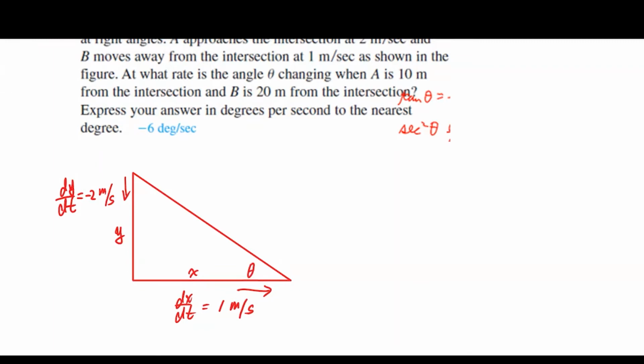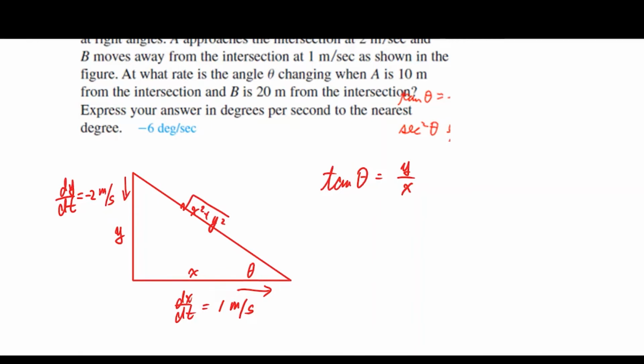And then they want, how fast is that angle changing, right? Okay, well, this time we are forced to use tangent. So let's say tangent theta is equal to y over x. So far with me? And the reason I want to use tangent is because this side, we can calculate it, but this side happens to be square root of x squared plus y squared, and that I really don't want to differentiate, that hot mess.